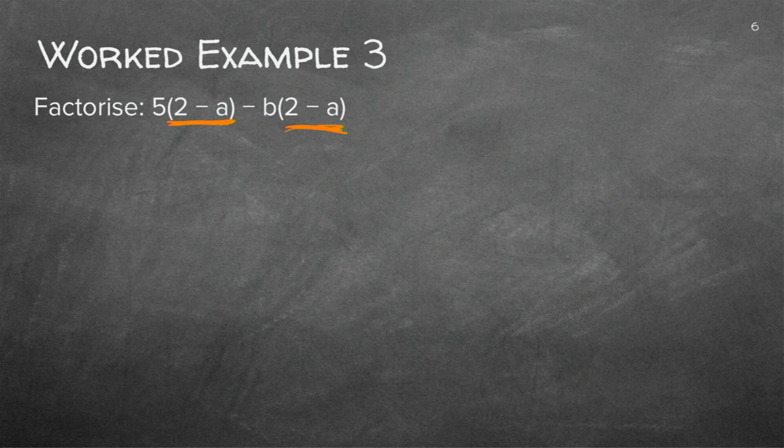That simply means you have for yourself the HCF, the highest common factor. And what does the rule say? It says take out the highest common factor. So if I take out the highest common factor, it means I'm taking out the whole bracket of 2 minus a. And I should open another bracket for whatever that is left.